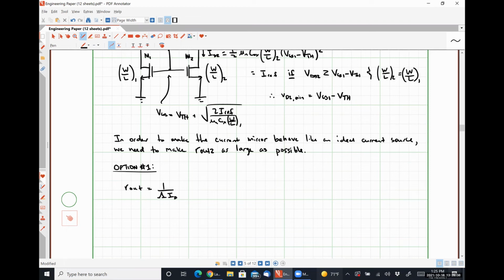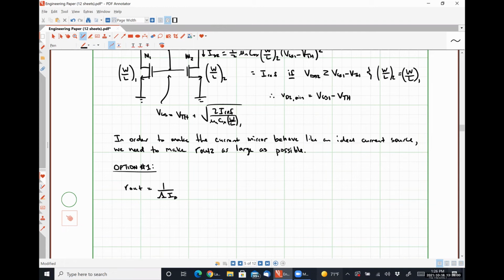Shorten the channel. Other way around, we've got to make it bigger, right? Recall, lambda here represents the relative change in length when we are causing pinch off to occur. So when pinch off occurs, it effectively makes the channel shorter, right?